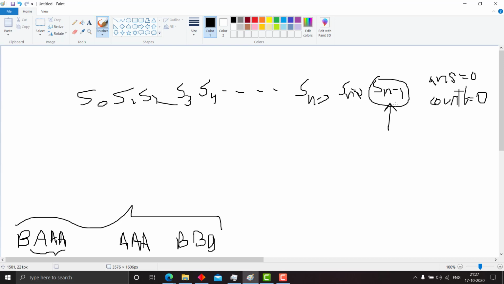But if this is b, then we increment count b, so we make count b 1. Now we move here. If this is b, then we again increment count b to 2. We can remove this bb string, but let it be there for now.